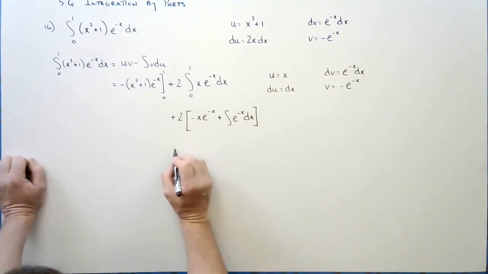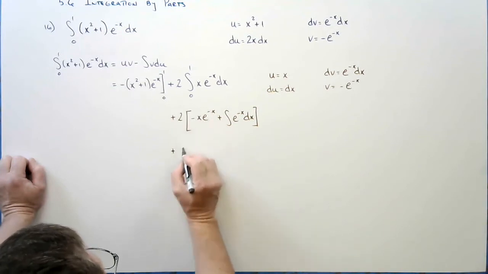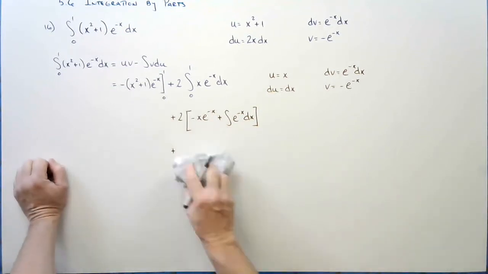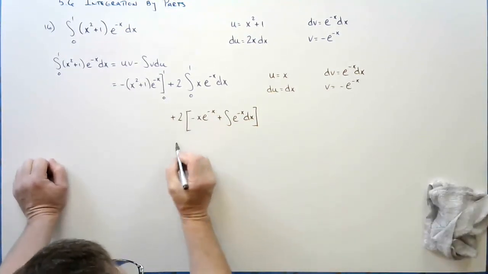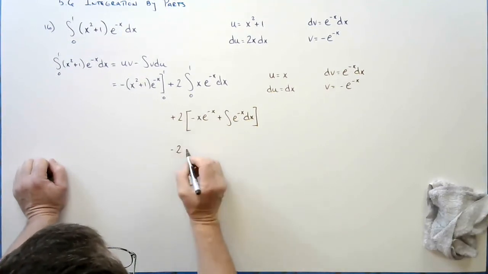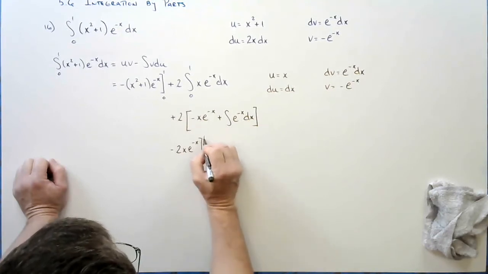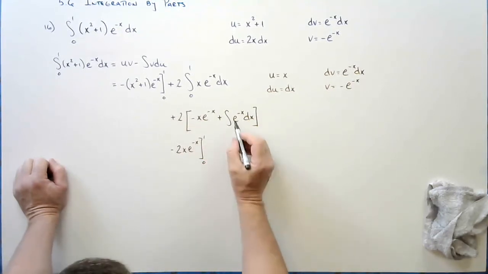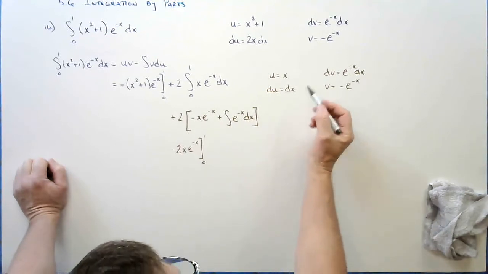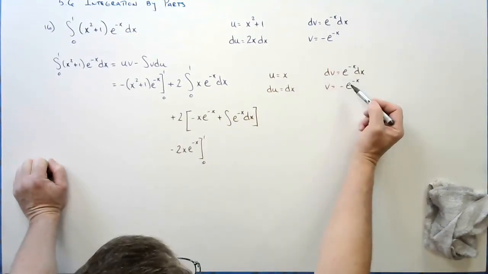If we go ahead and write this out now, we should just do the multiplication. So we're going to have minus 2 from here, x e to the minus x. We're going to evaluate that between 0 and 1. Here, we're going to integrate this. We know what the integral of e to the minus x is. We've done it twice already.